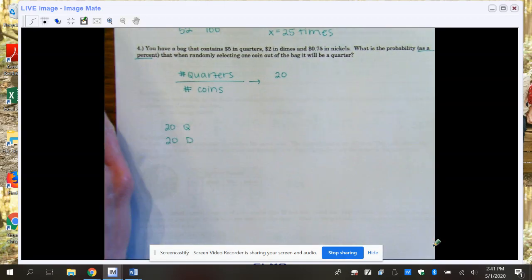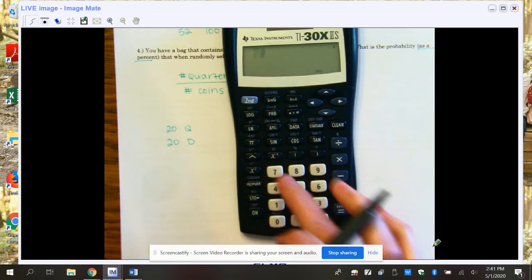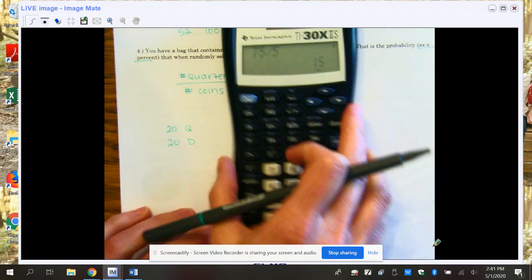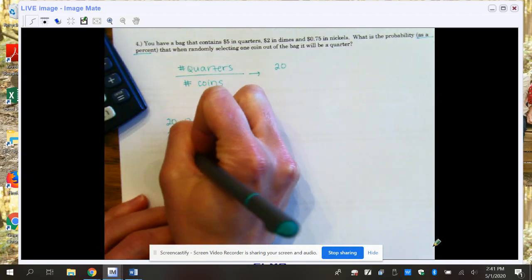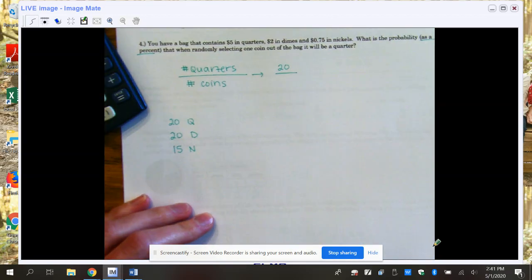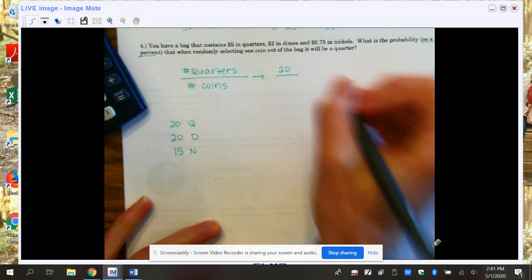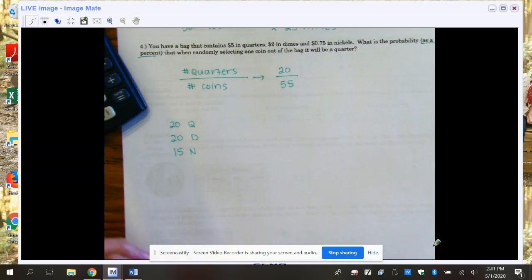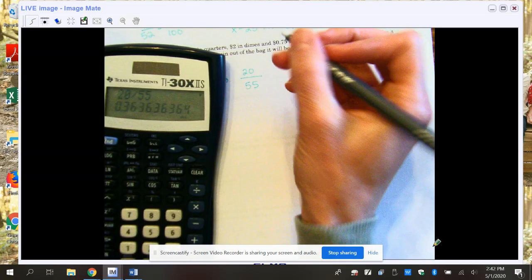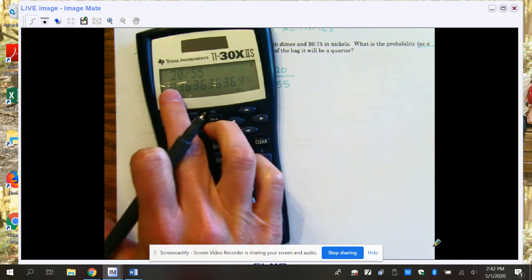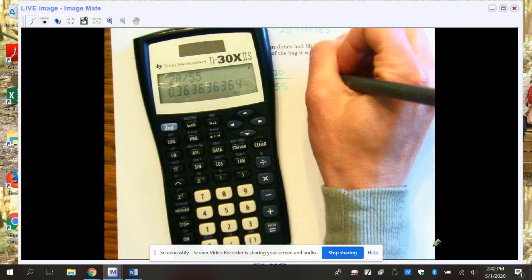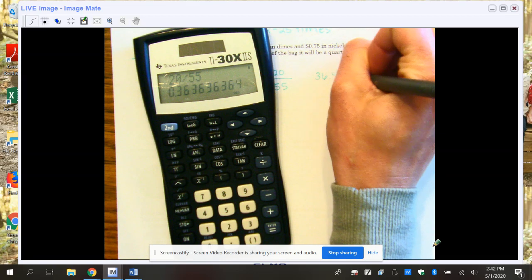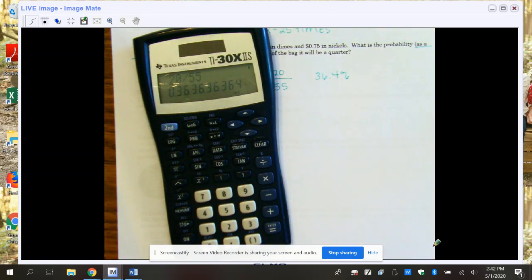And if we have 75 cents in nickels, nickels are worth 5 cents each, so that means we have 15 nickels. And so that means I have a total of 55 coins. So 20 out of 55. As a percent, that would be about 36.4%.